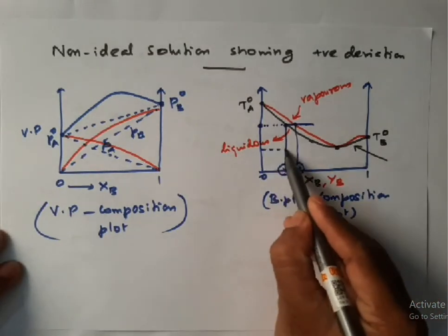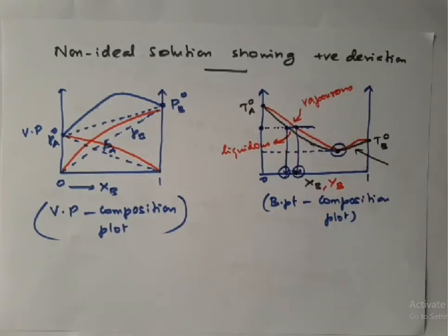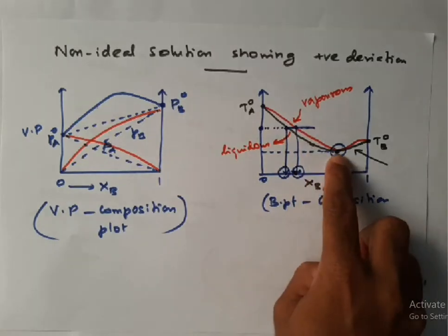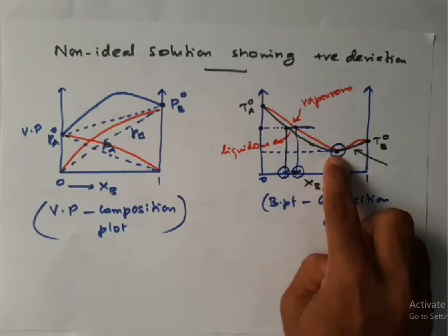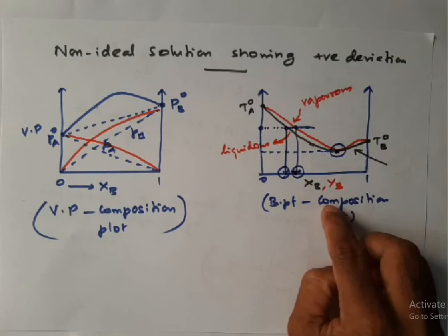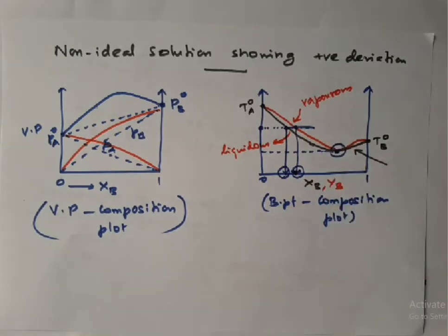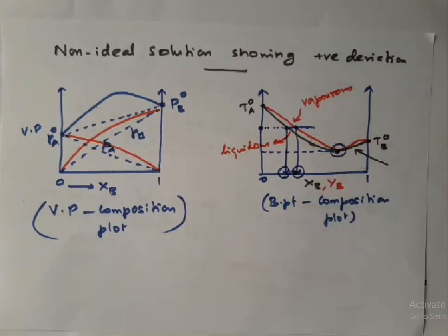At this point, the vapor curve and the liquidus curve meet. So at this point, the mole fraction of B in the liquid phase and the mole fraction of B in the vapor phase are one and the same. Students, is this clear? Are you able to follow this? Hello? Students, are you able to follow?